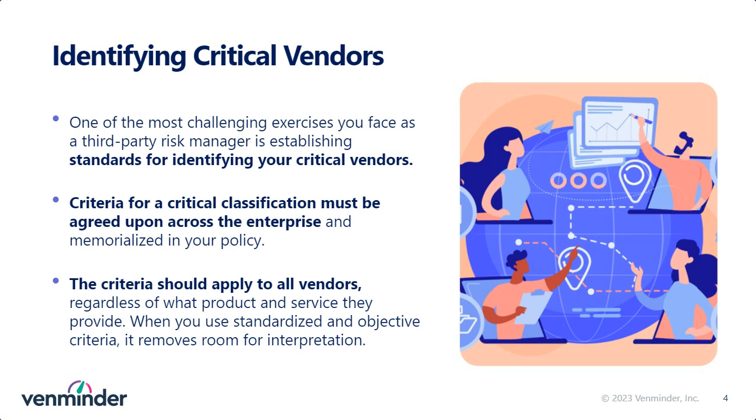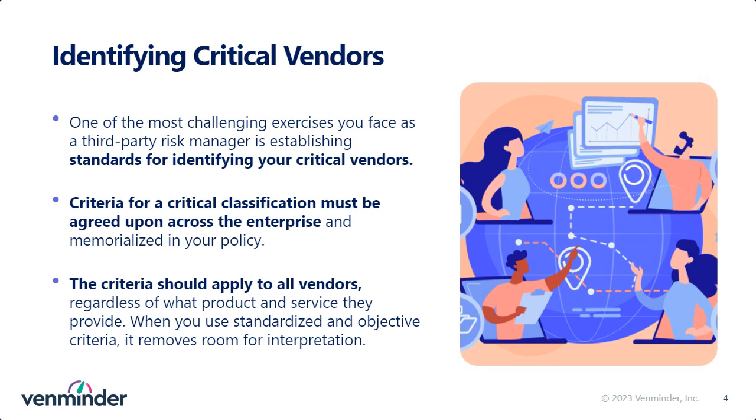And to do this, we need to make sure that that criteria, once it's understood, is not only agreed upon across the enterprise, and known across the enterprise, but that it's also memorialized in your actual policy.